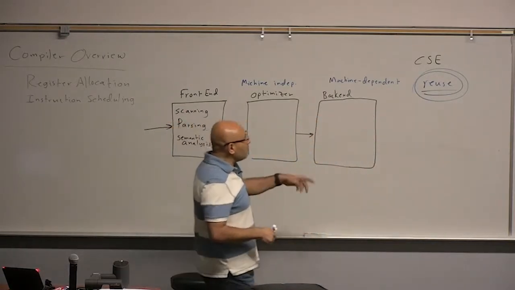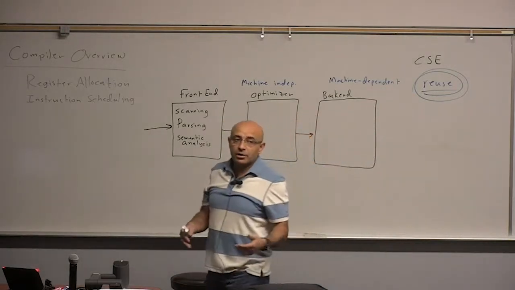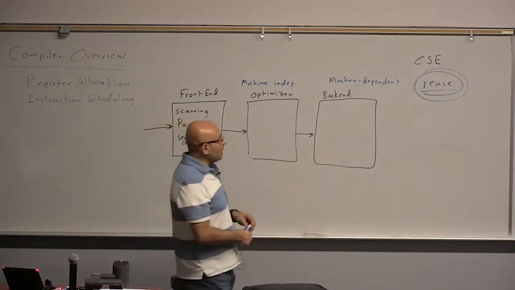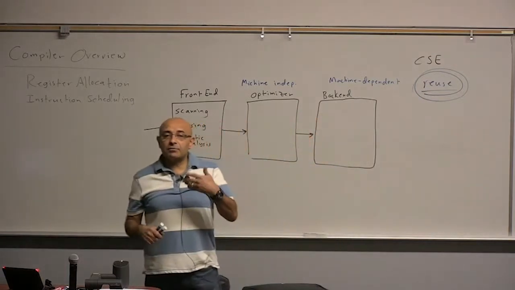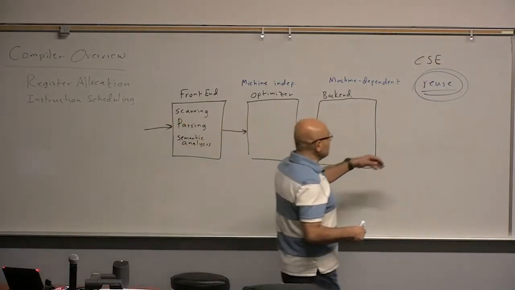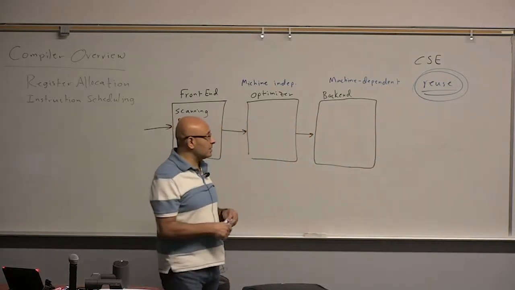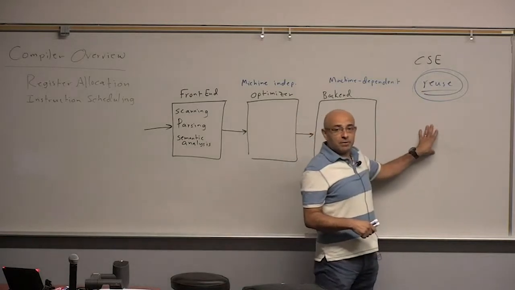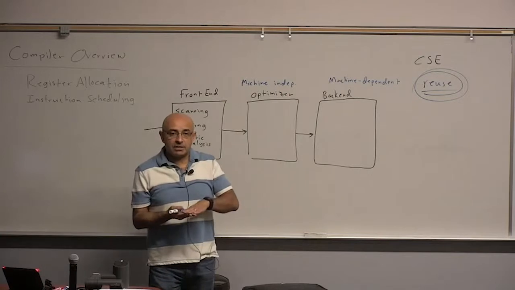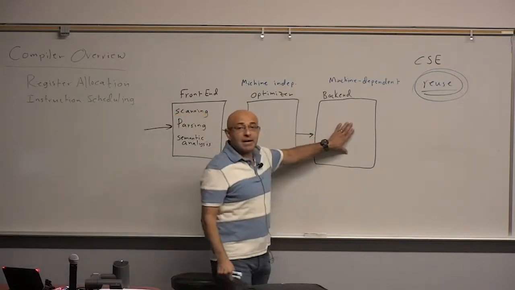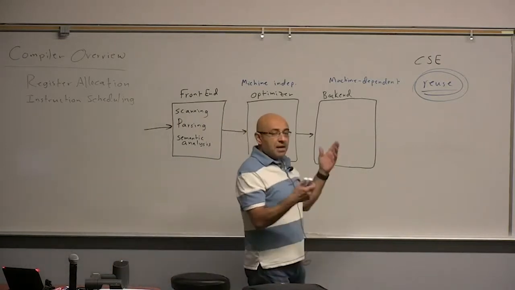And when you keep doing optimizations like this that require reuse and storage and require registers in particular, you are increasing the demand for registers. And increasing the demand for registers is not a good thing. Increasing the demand for registers may end up slowing performance. Why? Because you have a limited number of physical registers on the machine. So this is something that we will face in the back end.